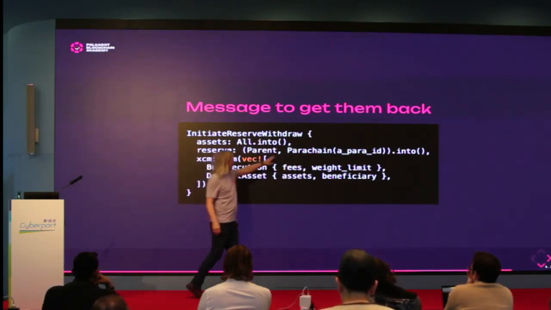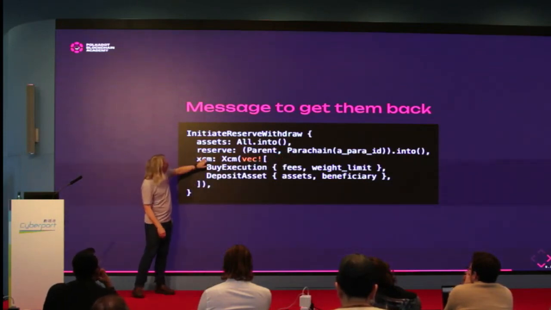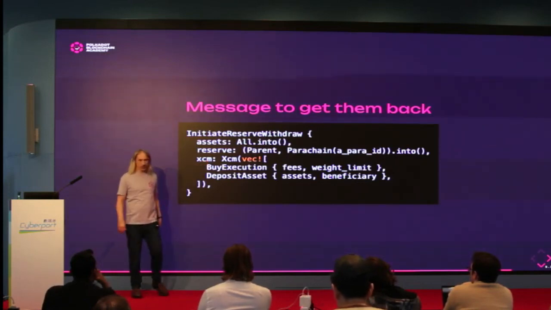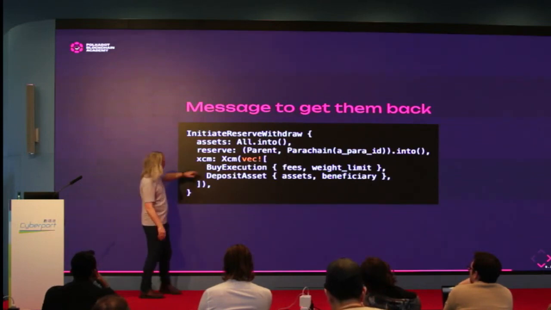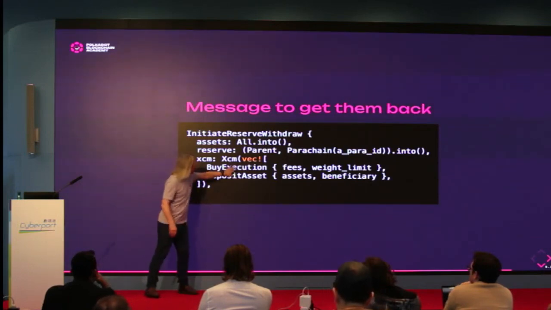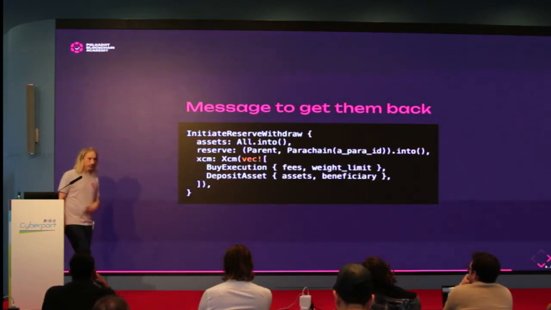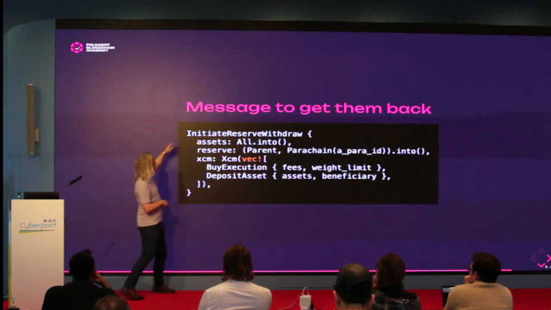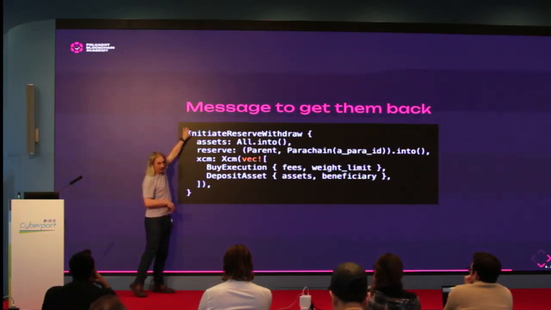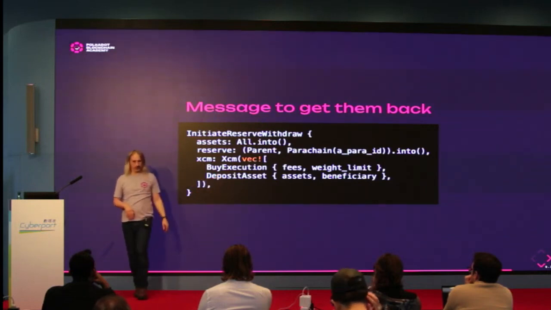It's our originating reserve parachain, you remember. And then when you've gotten me those real assets, not the wrapped anymore, the real assets on the reserve chain, this is what I want you to do. Buy some execution and then deposit them in my account on the reserve chain. So we're getting the assets back again, yeah? So this takes them from the holding register on the DEX chain all the way to an account on the reserve chain.